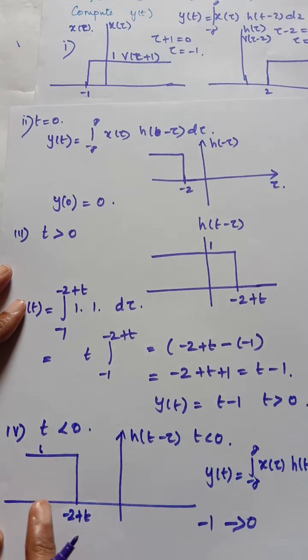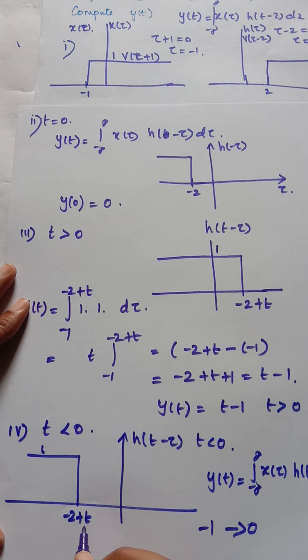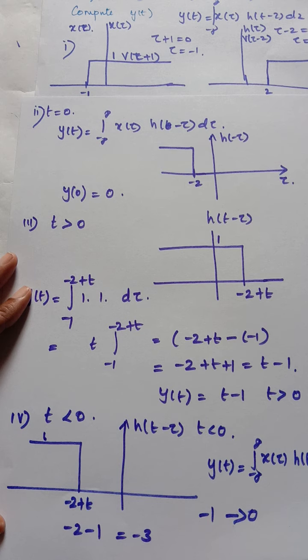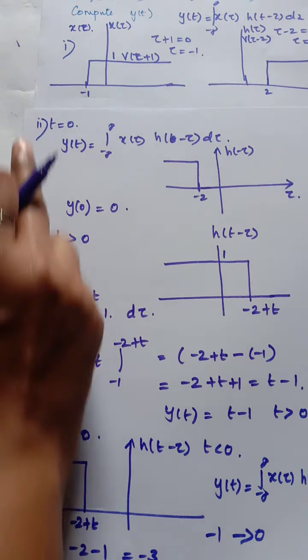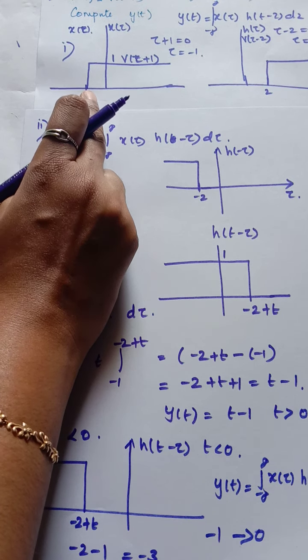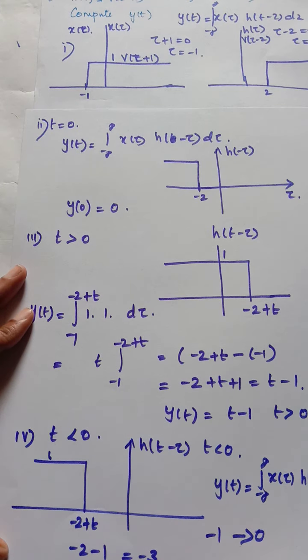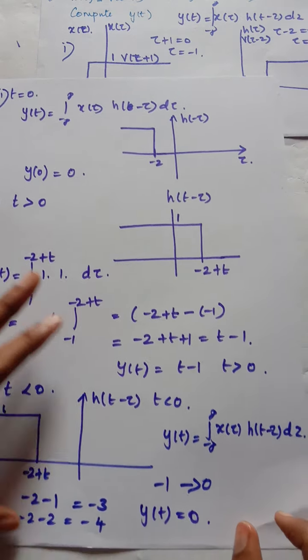But when I substitute a negative value, consider the minimum negative value, minus 2 minus 1, I will get the signal starting at minus 3. Then with minus 2 minus 2, the minimum signal index is minus 3, then minus 4, and so on. It won't come in this range, minus 1. So y of t equal to 0.